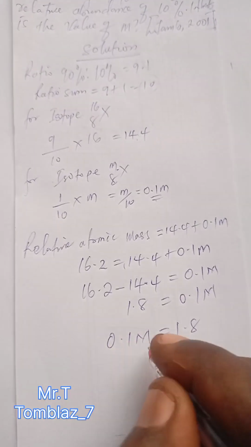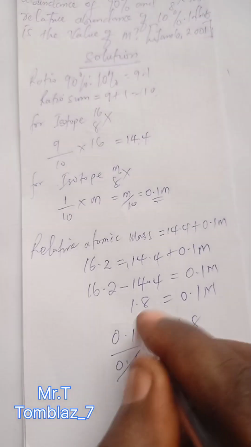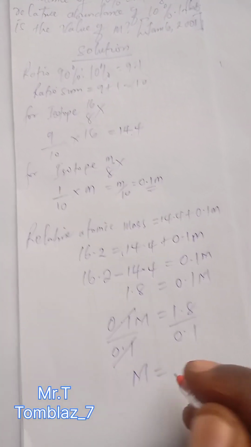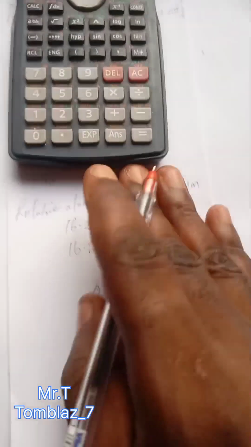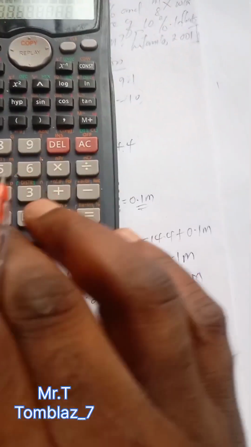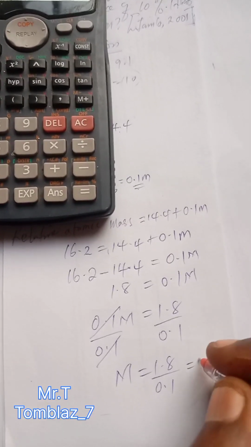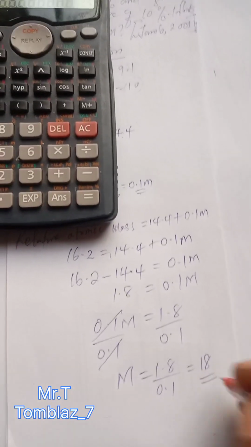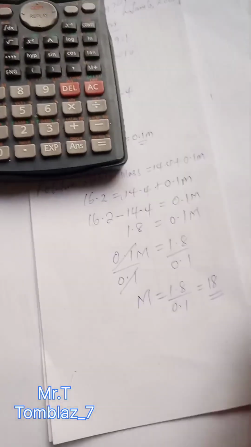So if we are looking for M, we divide both sides by 0.1, right? Then M will be 1.8 divided by 0.1. So let's divide it by 0.1. So we're going to be having what? 18.